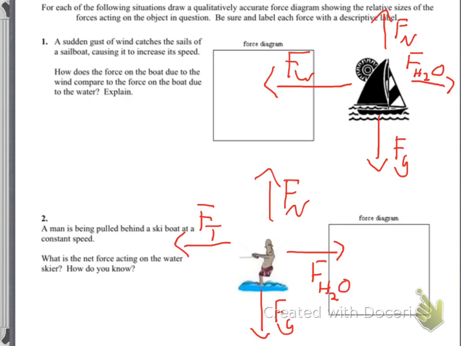Something to do with the water counteracting the tension in the string. And now it's asking about net force. In order for an object to remain at a constant velocity, the net force is going to equal 0. What that means is that the forces are balanced. So the normal force equals the force due to gravity, and the tension equals the force of the water.